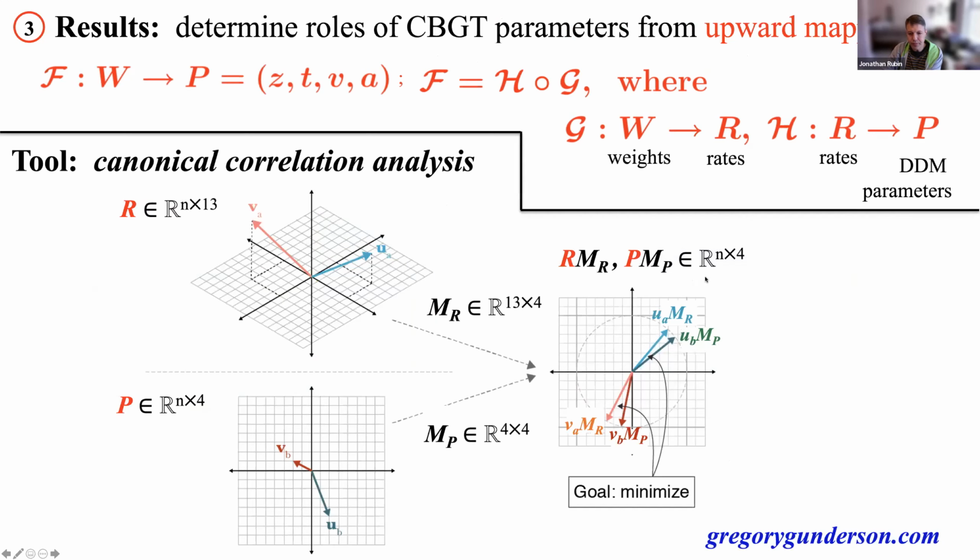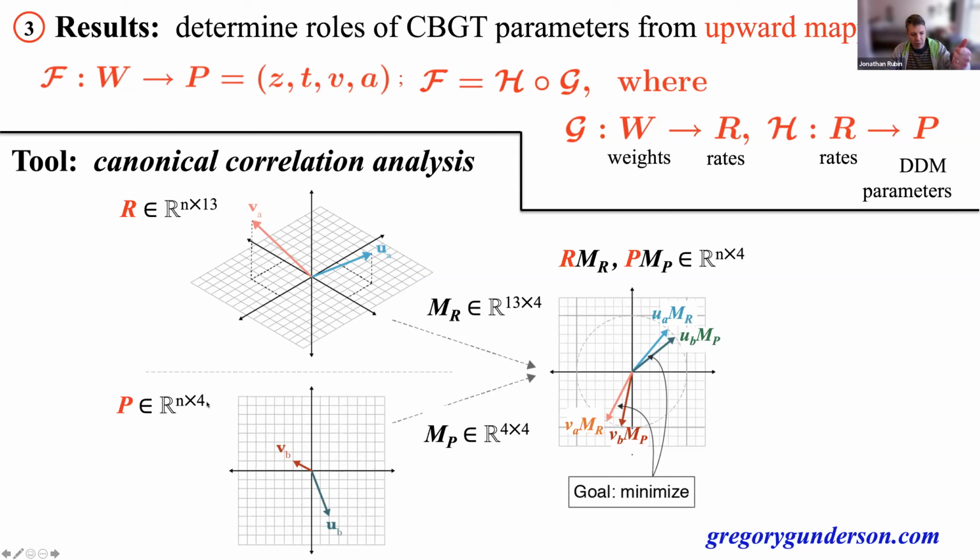The idea of canonical correlation analysis is that it's a method often used in statistics to look for directions of common variation in two different data sets. In our case, for example, we might have 13 populations' firing rates, so that gives us a 13-dimensional space times however many samples we have, however many trials we did.